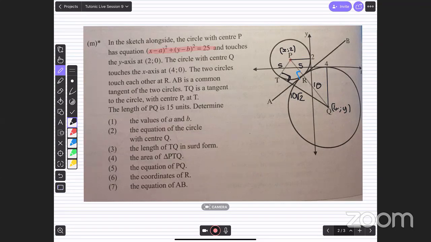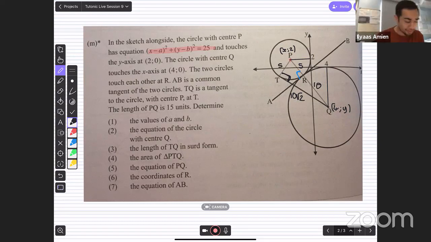Yeah, it's right. We have B, which is 2, and now we can work out A by using the circle formula. You can also use the gradient formula and distance formula, I think. Let's see what works.